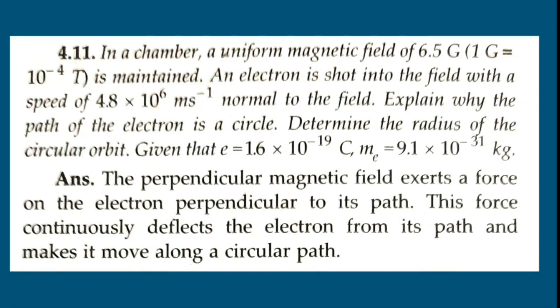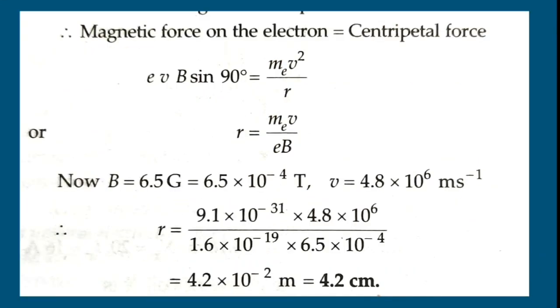Now to find the radius, we use the concept that magnetic force or Lorentz force is equal to centripetal force, and we know already the equation, the radius is equal to mv by qB. Substituting for the mass of the electron, its speed, its charge and the magnetic field, we get the radius to be 4.2 into 10 raised to minus 2 meter or 4.2 centimeter.